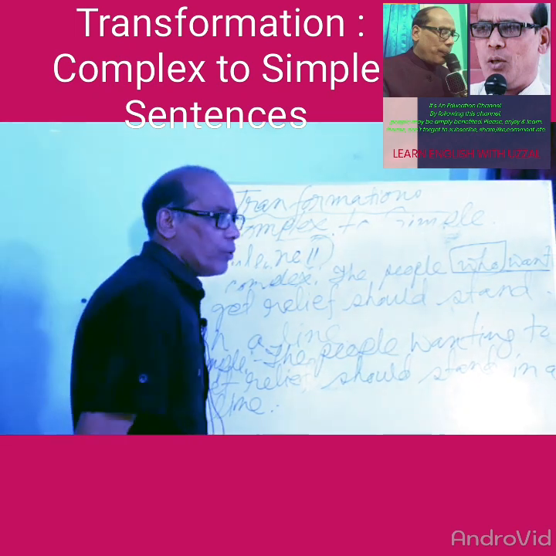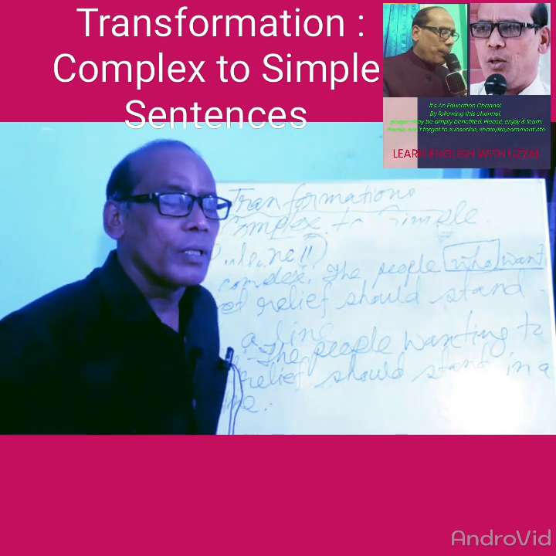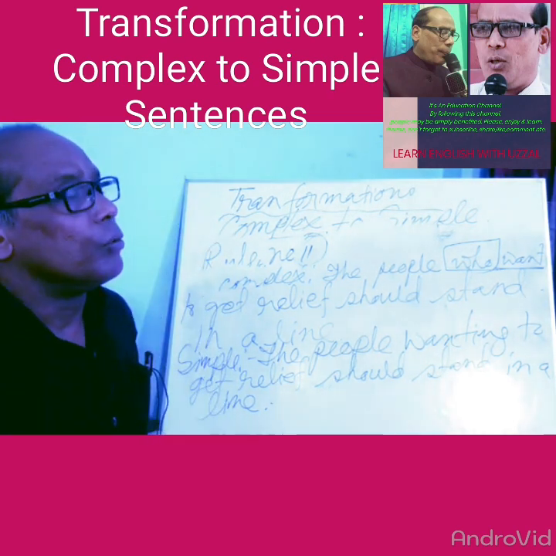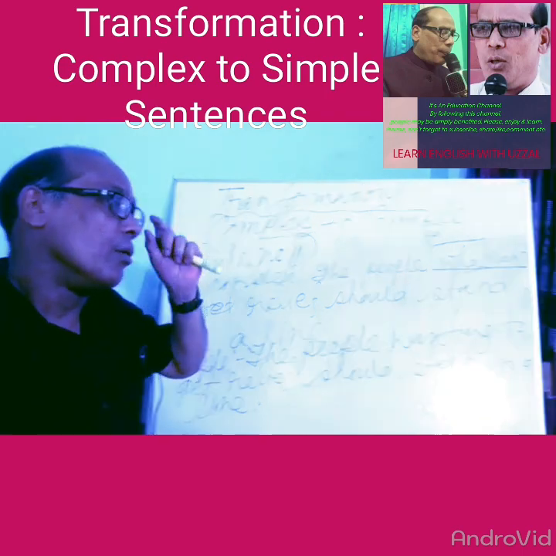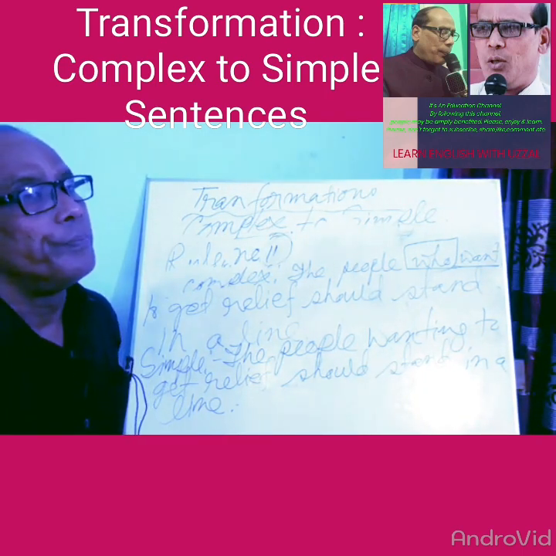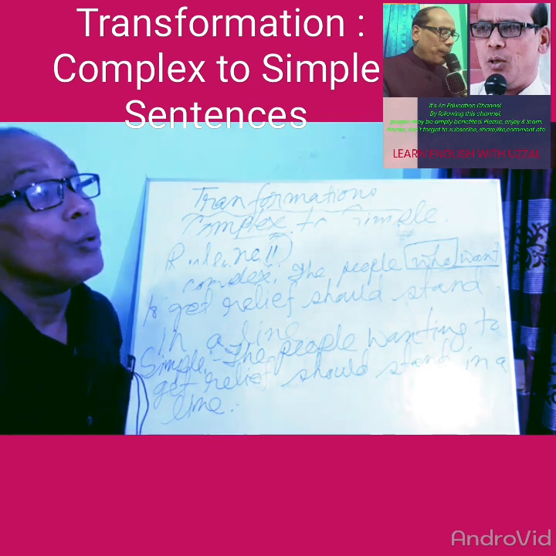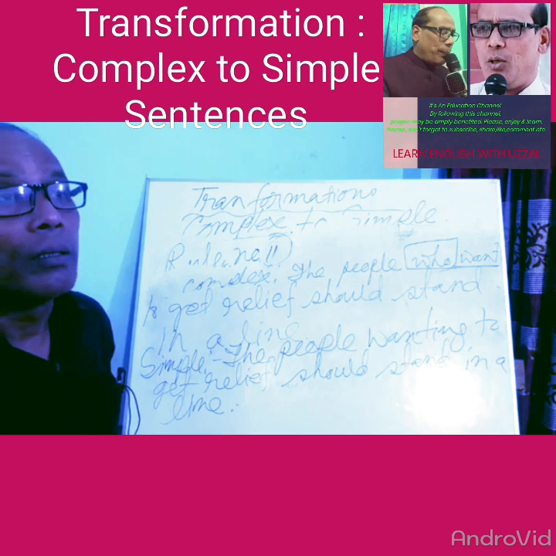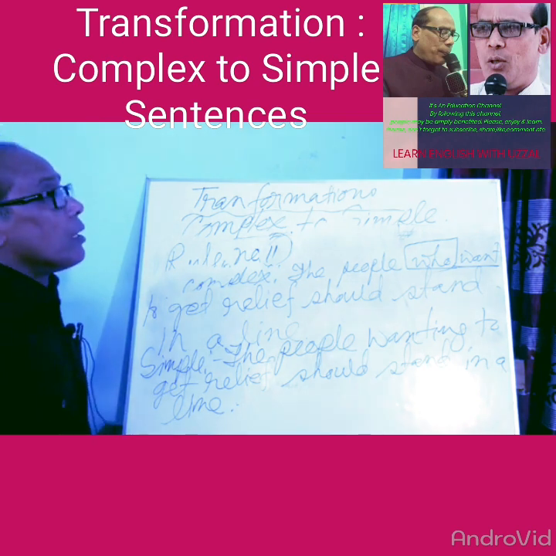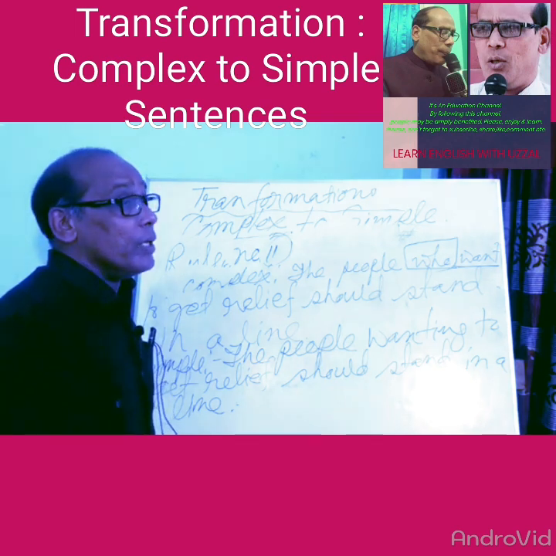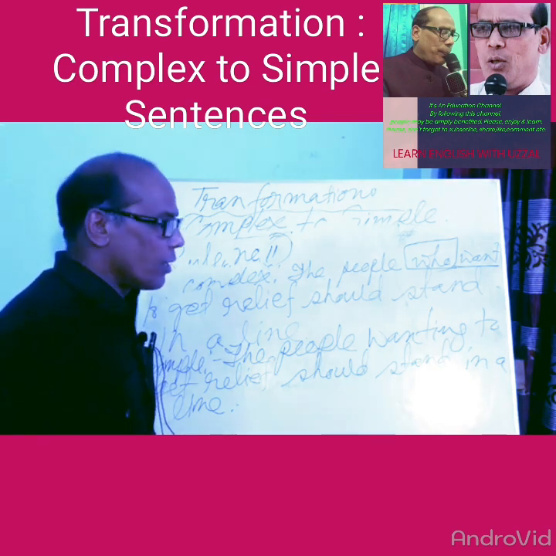So in the same way, we can make some other simple sentences. Suppose the man who tries to become rich should work hard. Here, the man trying to become rich should work hard.